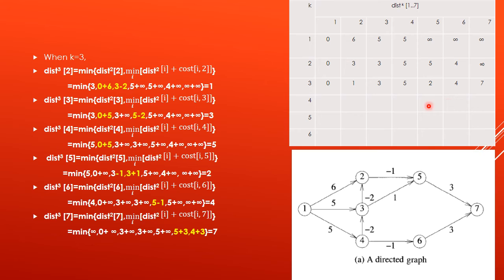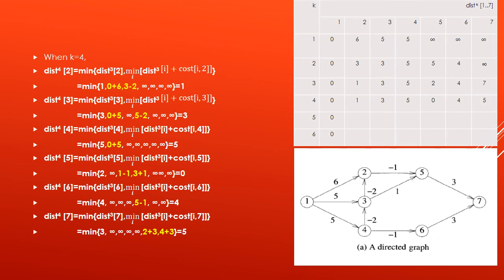Now we'll find the value for the next iteration. When k equal to 4, distance 4 of 2 can be found out using the minimum of the old distance of 2 and the new distance of 2. Old distance of 2 will be 1.